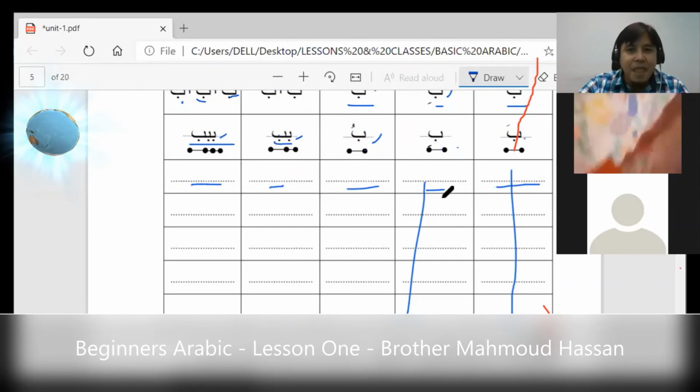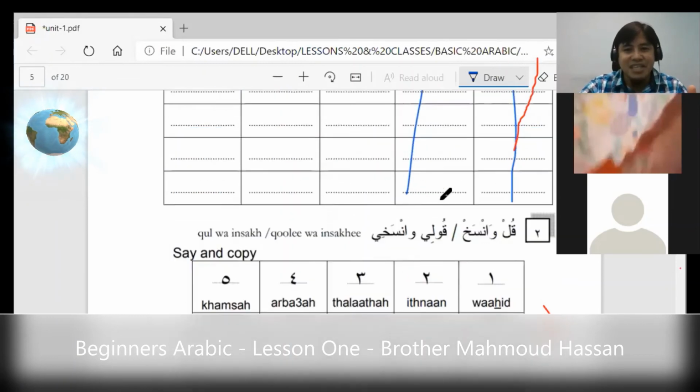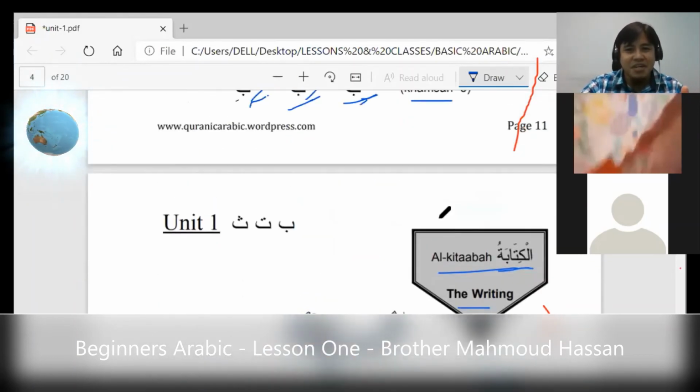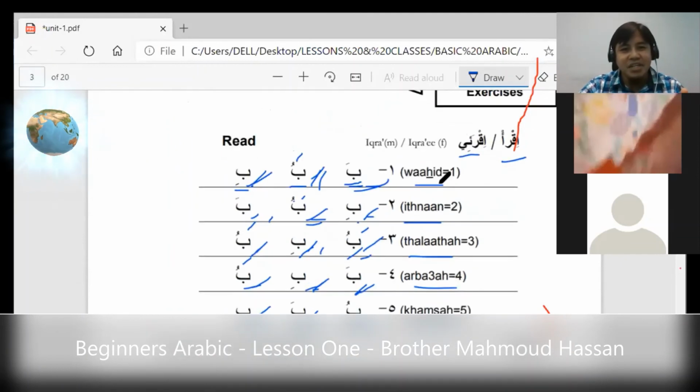And don't worry, I will post this PDF in our group after this class, inshallah. And of course, we mentioned before the numbers. Wahid, with a prolongation between wa and ha.